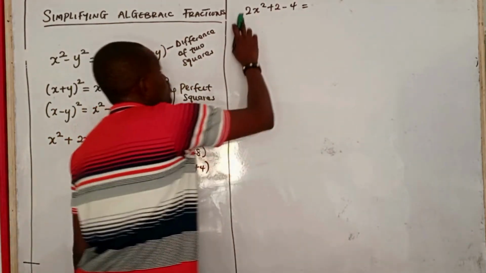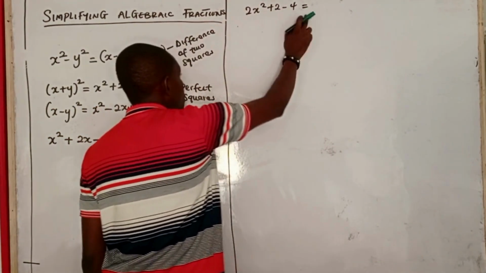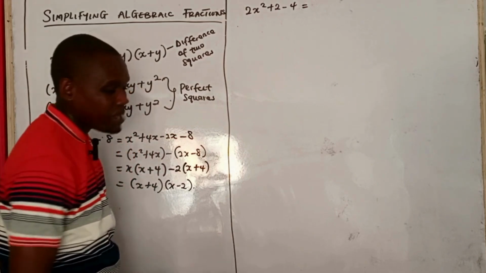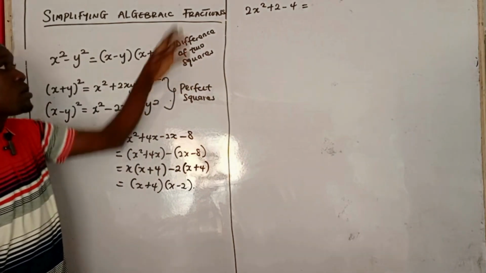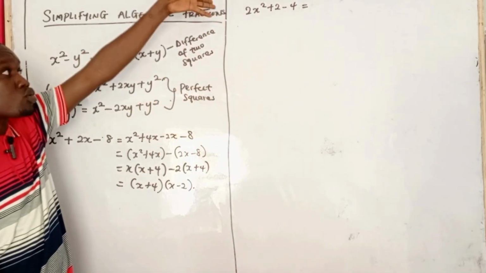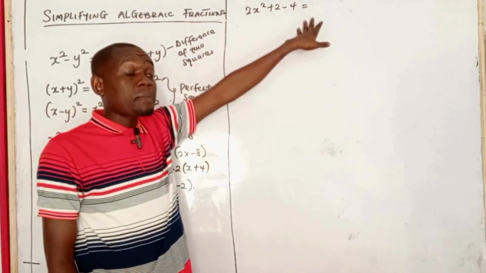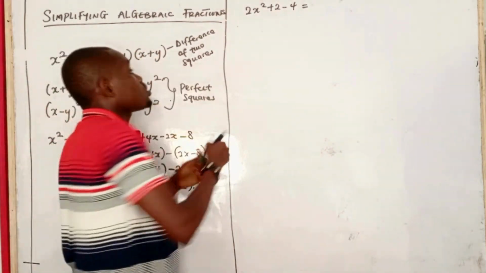So you will do 2 times minus 4, which gives us minus 8. From there, you look for two numbers that you can multiply to get minus 8, and when you add, you get 2.